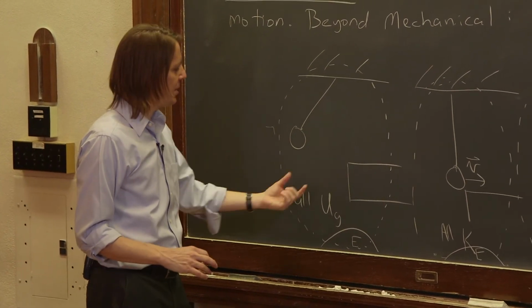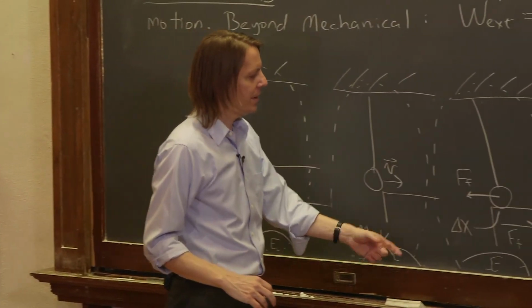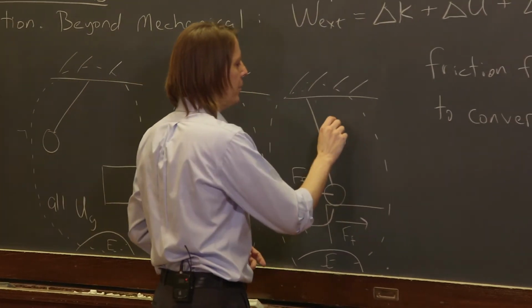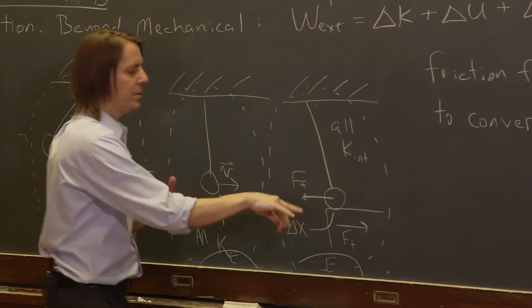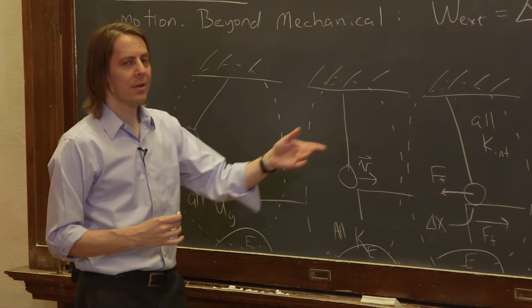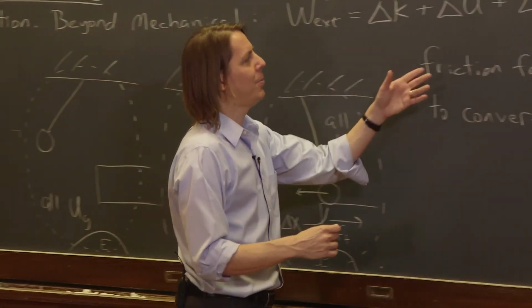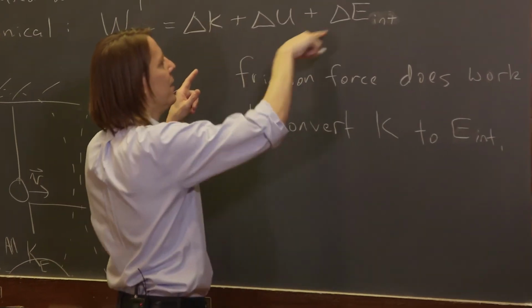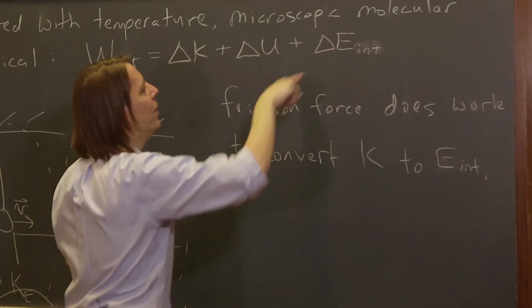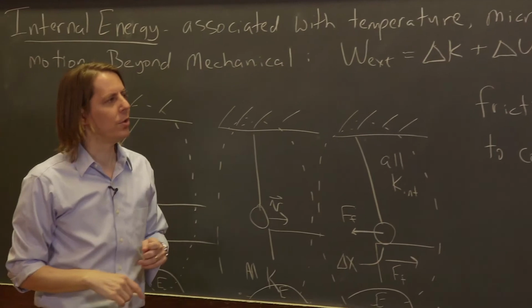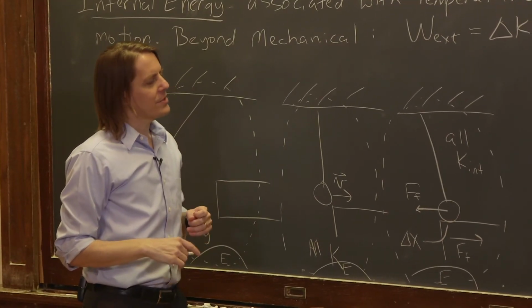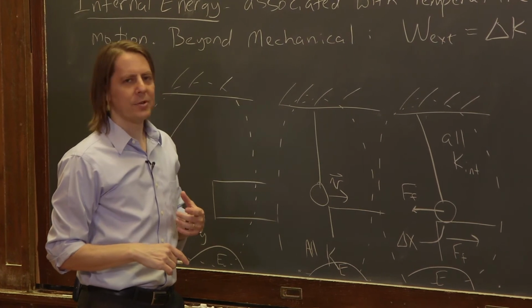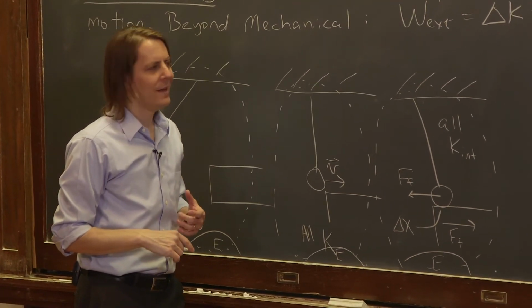And if we think about the energy, here it was all potential, here it was all kinetic, and here it's all internal, because all that energy was just converted into heat. And the mechanism that allowed it to happen was a friction force. Friction was the work that let us convert with internal work from kinetic to internal energy.